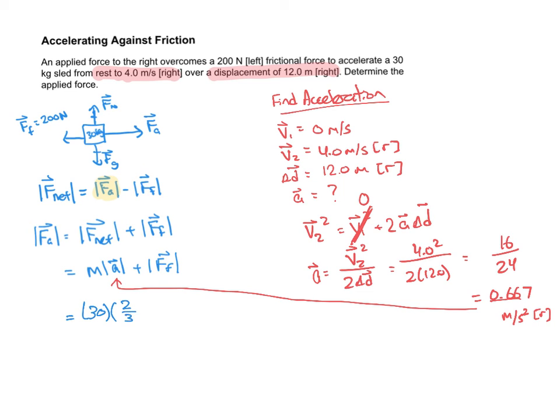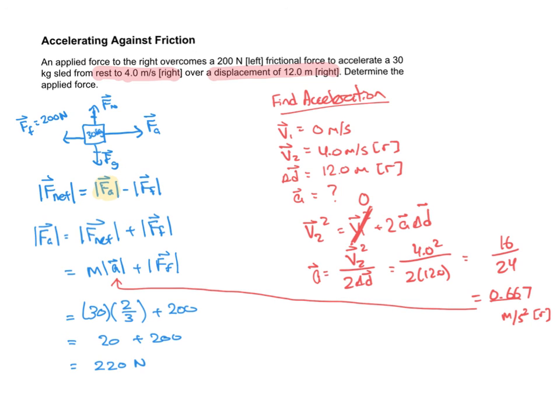Like that 0.667 came from 16/24, which is 2/3, which I'm gonna write instead because when you multiply that by 30, it's actually a nice integer. And then plus the force of friction is 200. Okay, so 30 times 2/3 is 20, plus 200 gives me 220 newtons.